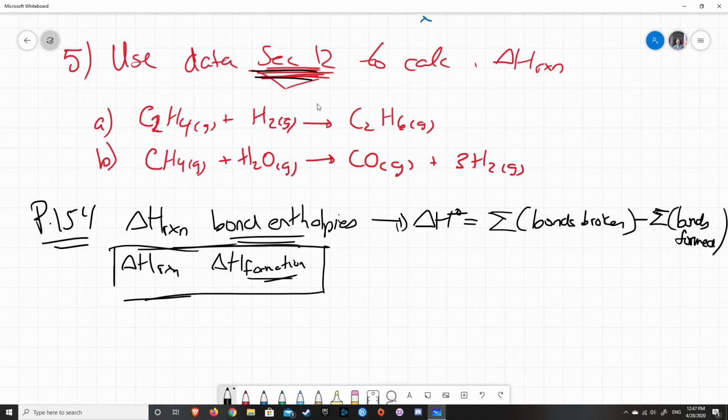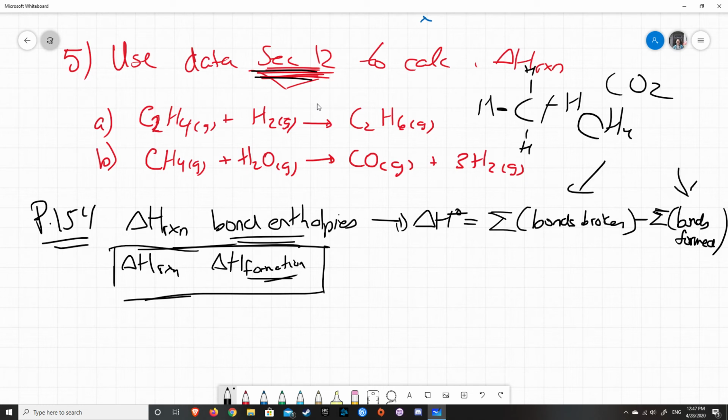So this is where we had to use bond enthalpies and calculate, if we had CH4, the energy of the 4 carbon hydrogens, because we're breaking those to form CO2 as our products.